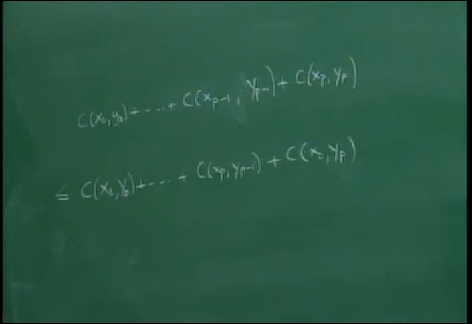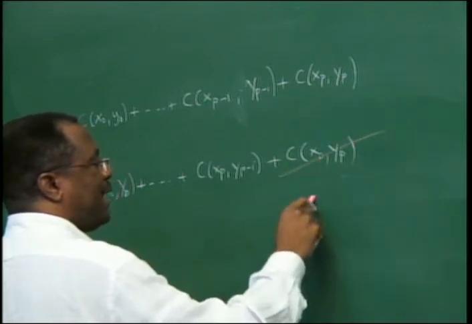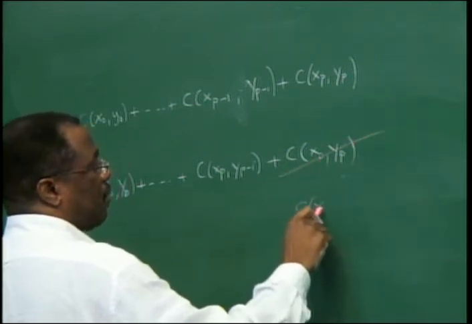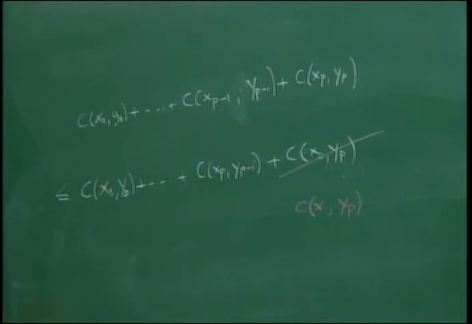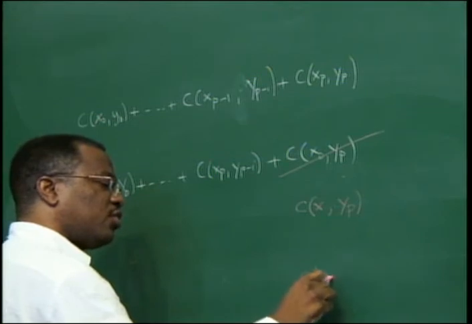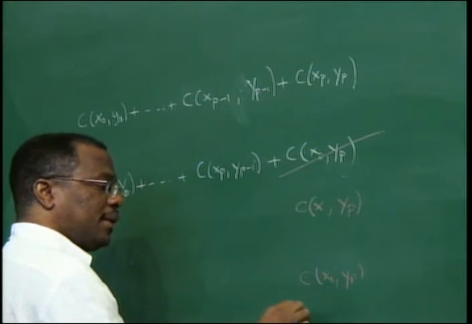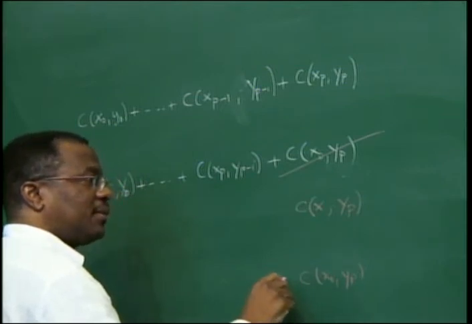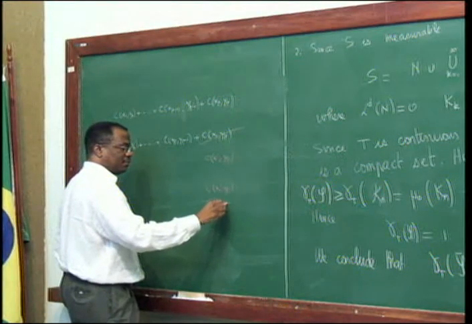Now see what I have done here is I have removed this and replaced it by x, yP. So if I replace that by x, yP, I need to save x naught, yP, and subtract x, yP.